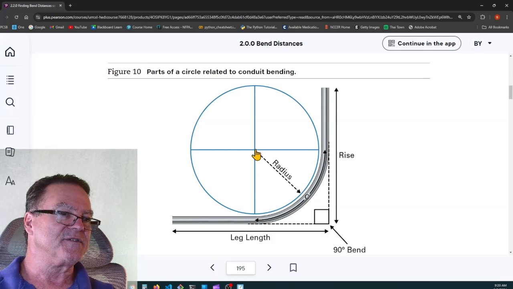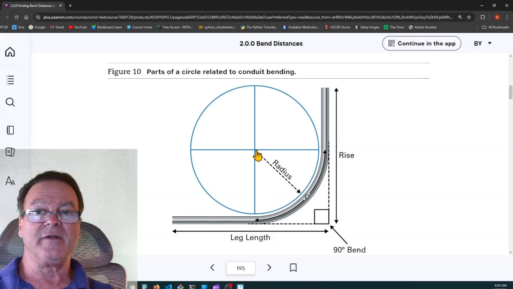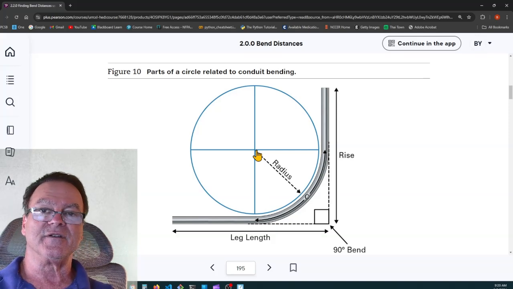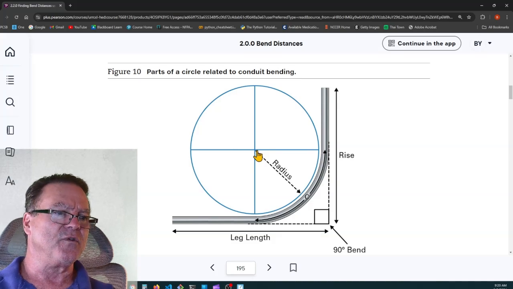So either it's 2 times the radius times pi for the whole 360, or the radius times pi for 180 degrees, or the radius times half of pi. Pi being 3.14, half of it is 1.57. So if we multiply the radius to the center of the pipe times 1.57, it'll tell us how much conduit we're going to use in order to make that bend.